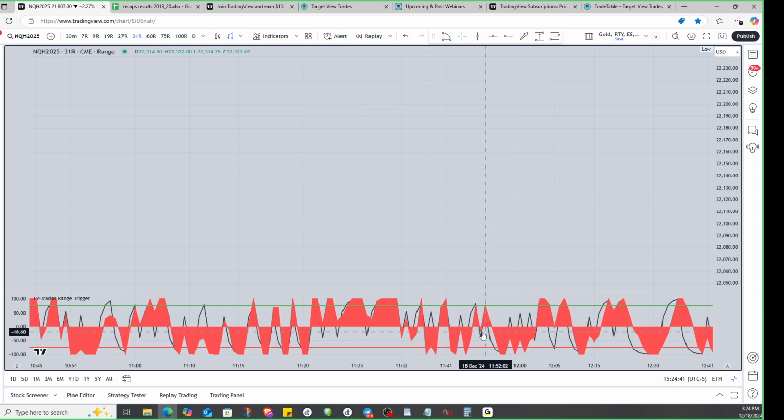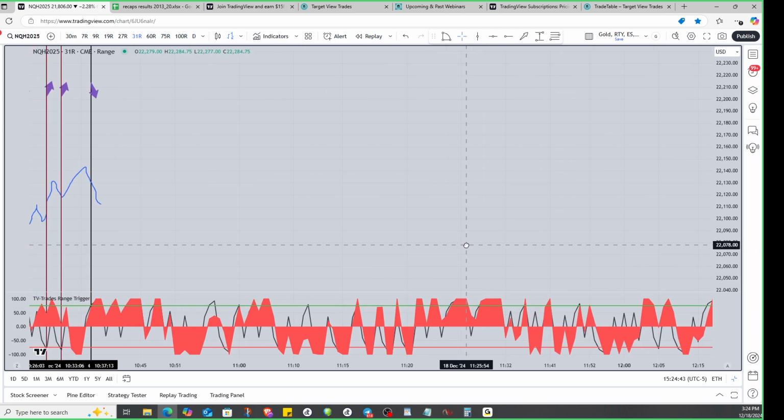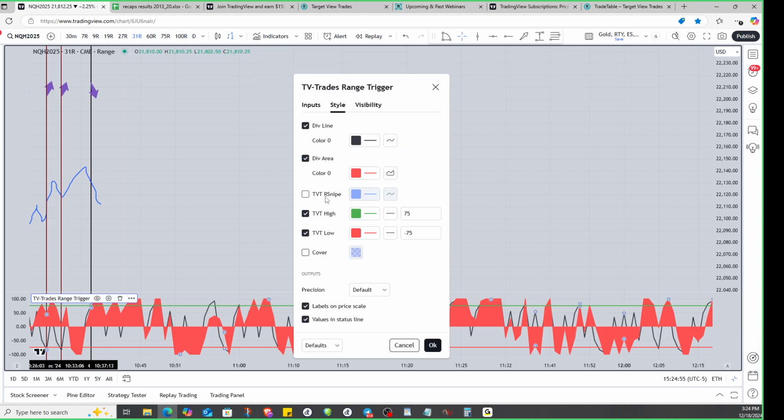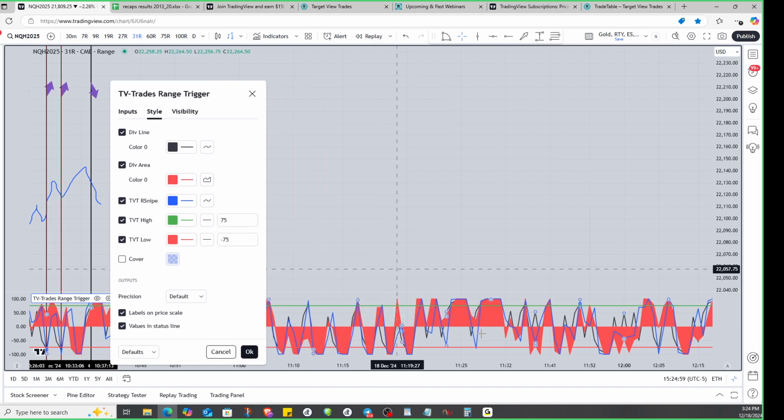It's easier to take. And you see what I mean, David? What I emailed to you or texted you earlier about the gradual change as it goes into the overbought and the oversold, as opposed to the snipe, how it goes up really square most of the time into the overbought, into the oversold.